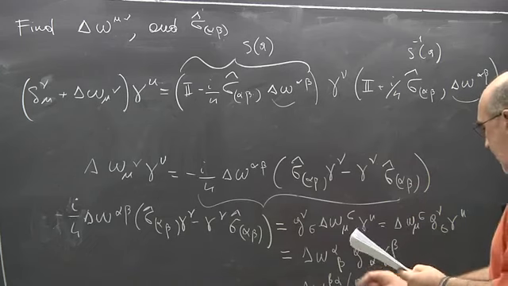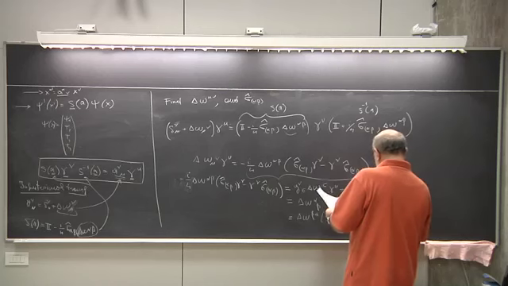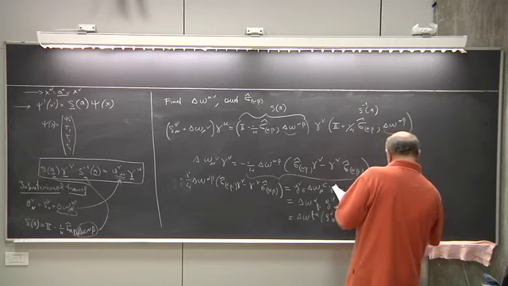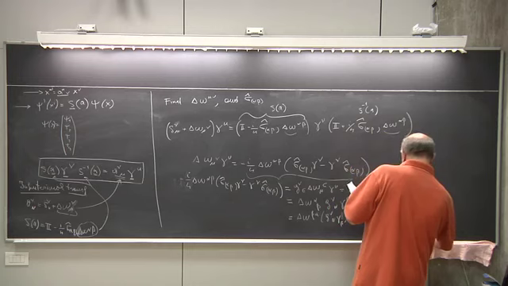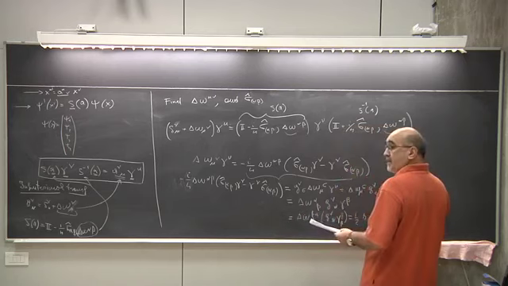But this one, because of the antisymmetry of this, is equal to 1/2 delta omega beta alpha times g nu alpha gamma beta minus g nu beta gamma alpha. Because of the antisymmetry, I put a minus here, and I have exchanged the indices.